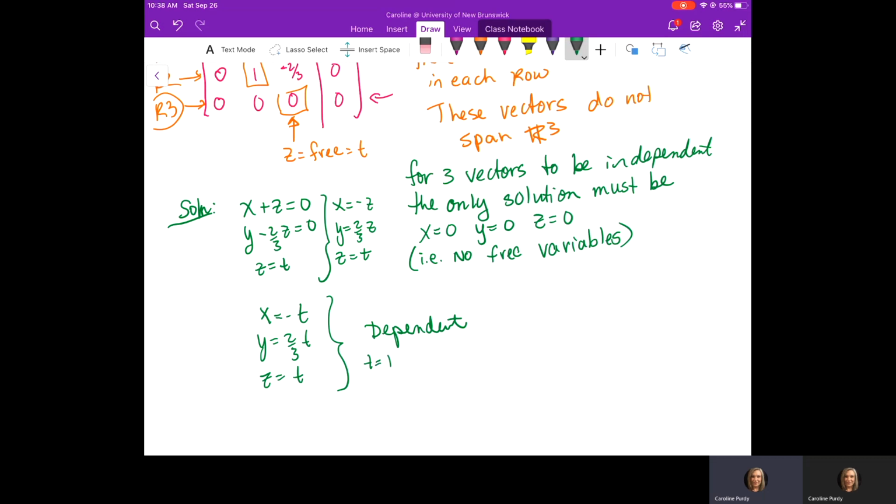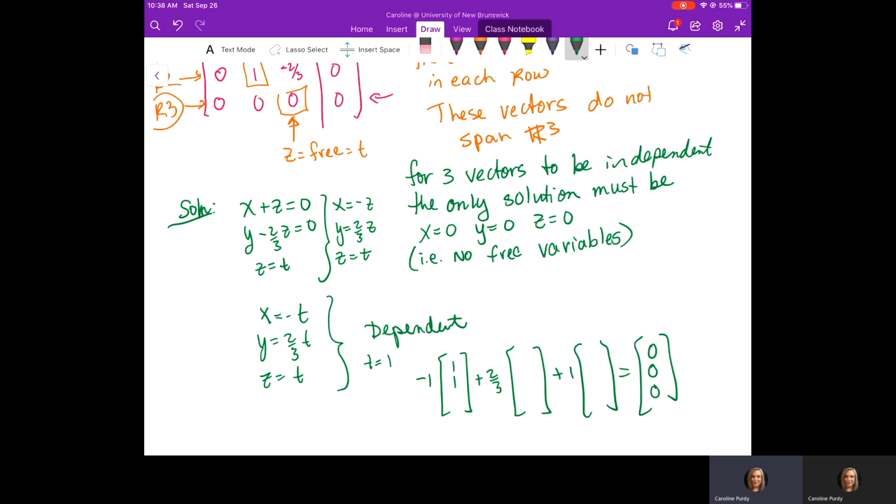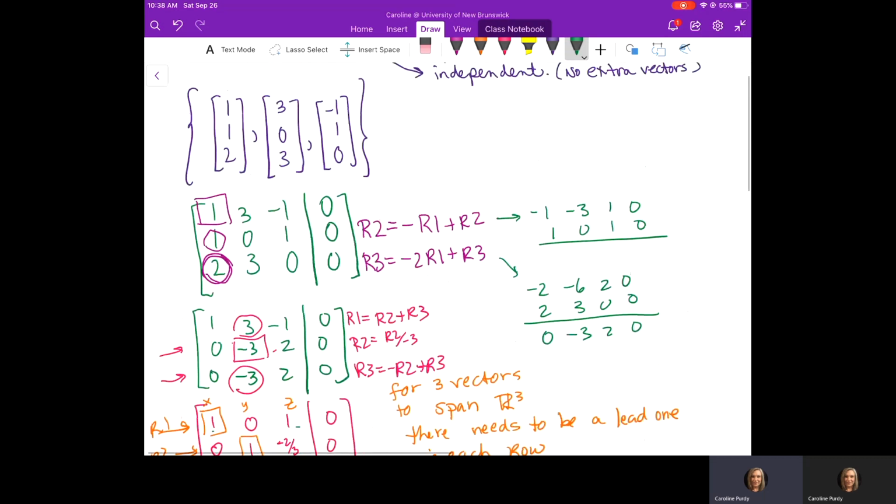Let's say we let t equal 1, then we would have -1 times the first vector plus 2/3 times the second vector plus 1 times the third vector is equal to 0, 0, 0. And I just need to write the vectors in there. And the vectors were 1, 1, 2, 3, 0, 3, and -1, 1, 0. That's just from the original question up here.